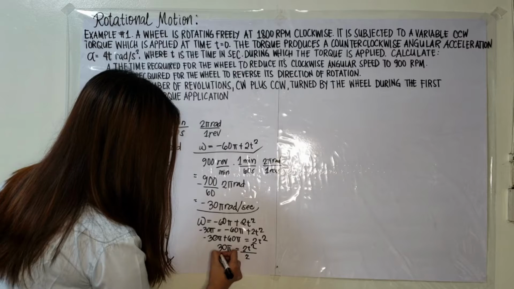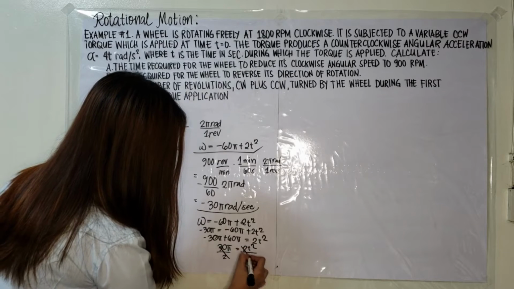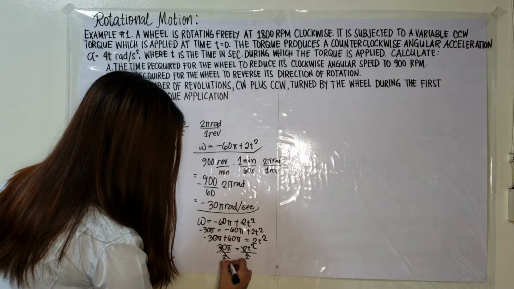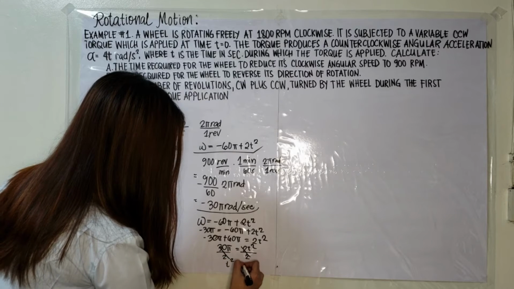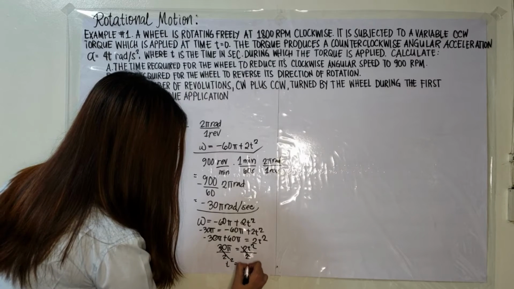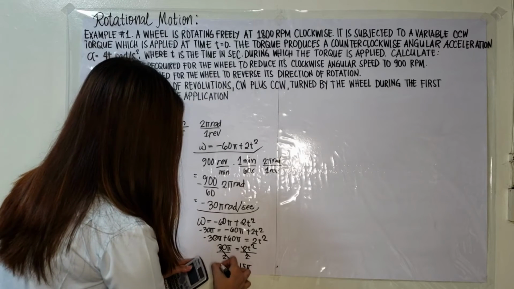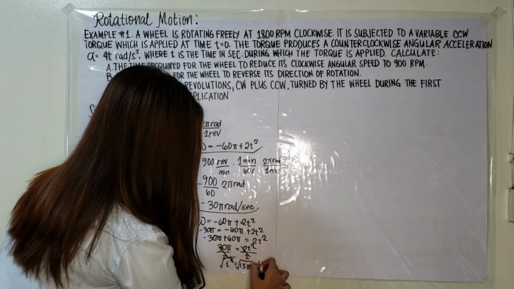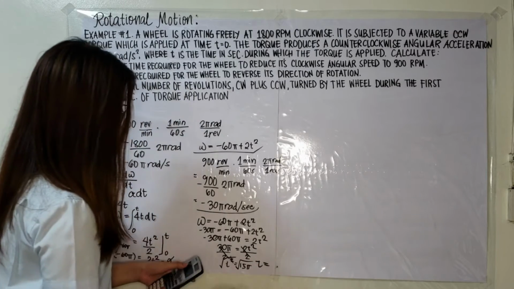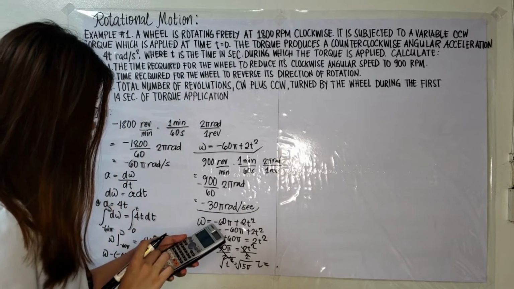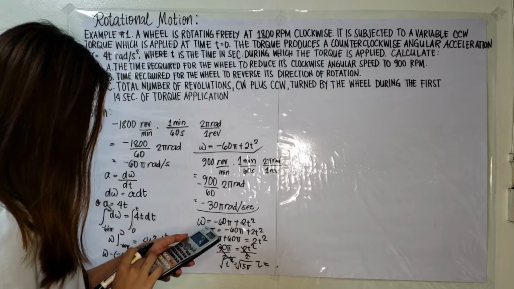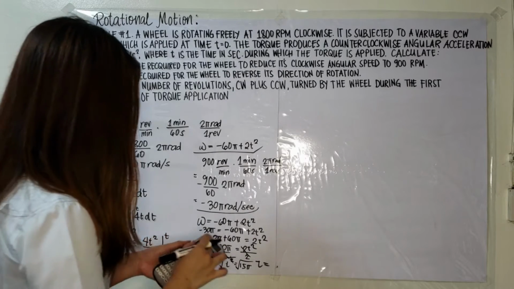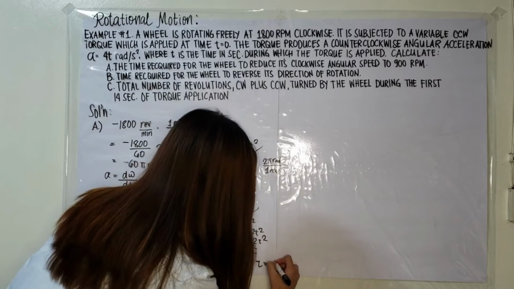Divide both sides by 20. So we now have t squared equals 1.5 pi. Taking the square root of both sides, t equals the square root of 1.5 pi, which is 2.17 seconds.